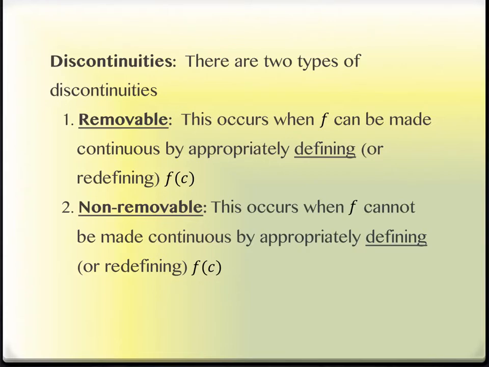So one type of discontinuity is called a removable discontinuity. This occurs when f can be made continuous by appropriately defining or redefining f of c. And visually what's happening when we have a removable discontinuity is we have a hole in the graph. And we've talked about algebraically, when is it that we have a hole in the graph?